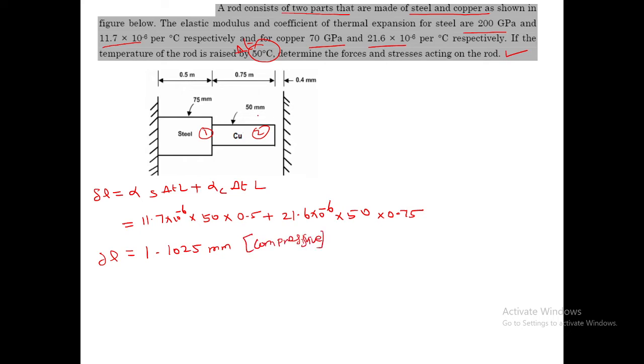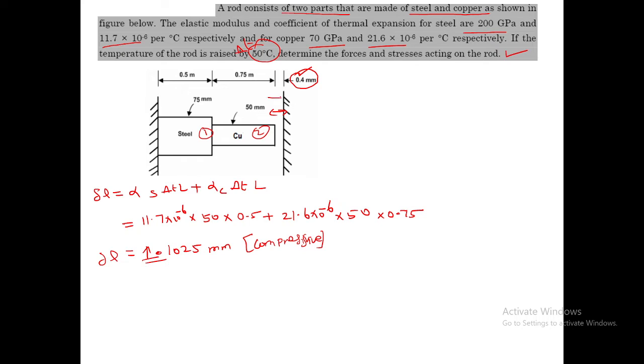Why compressive? Both sides have fixtures, so the expansion is allowed only up to 0.4. Here the value of ΔL is 1.1025. So up to 0.4 is free expansion.